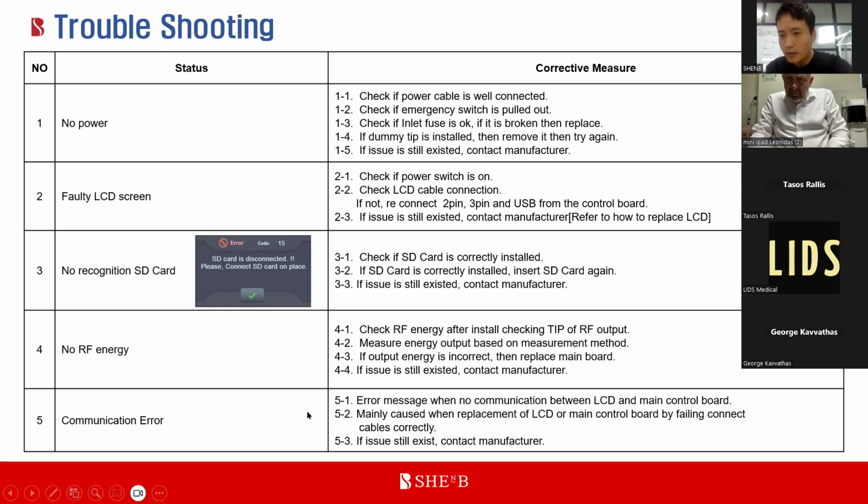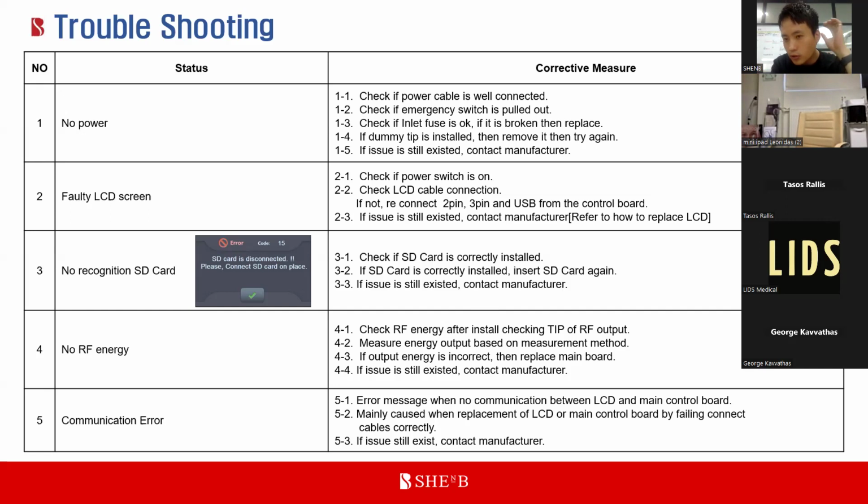The main and most frequent thing that we face is the communication error. Not only the handpiece, but Virtue RF is a system in which the main device communicates with 3 different handpieces. Right now, we only have Smart RF, so the main device will be communicating with Smart RF and also the Smart RF tip.